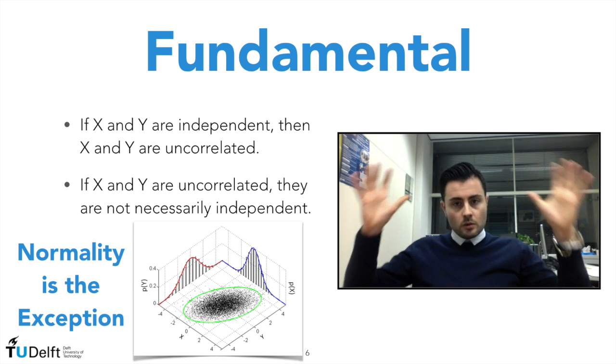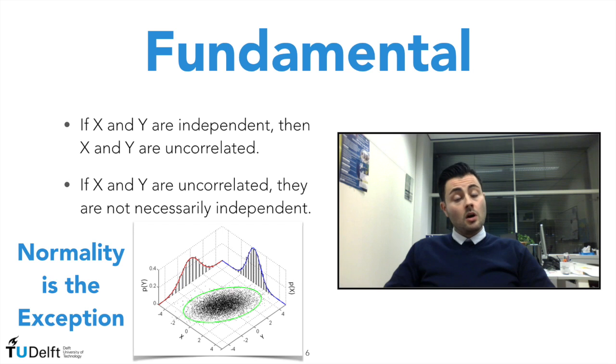Okay, in all this framework, the only type of dependence we are really interested in is linear dependence. When we assume normality, we are essentially assuming a linear world.